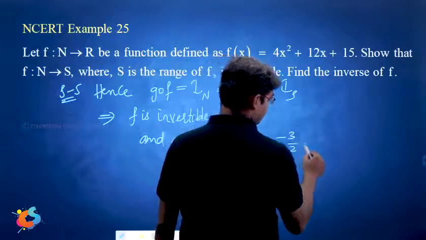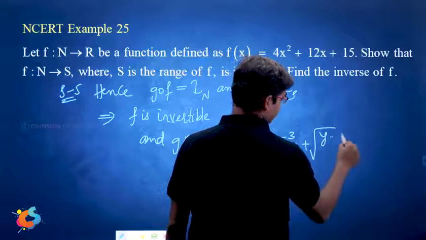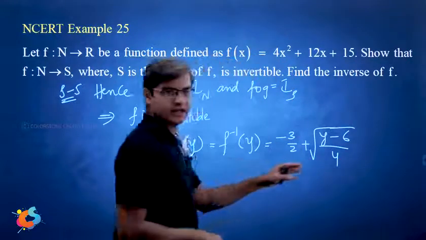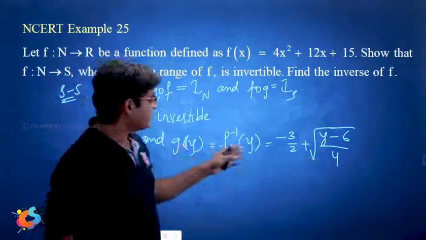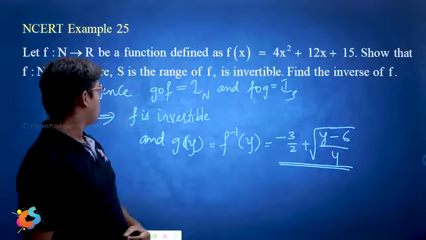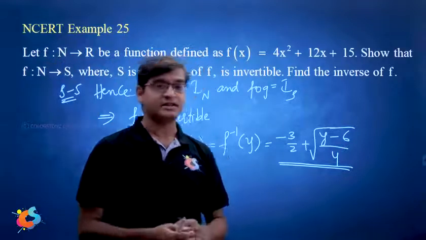So something like this, minus 3 by 2 plus under root of y minus 6 divided by 4. Just before, you got x as a function of y.